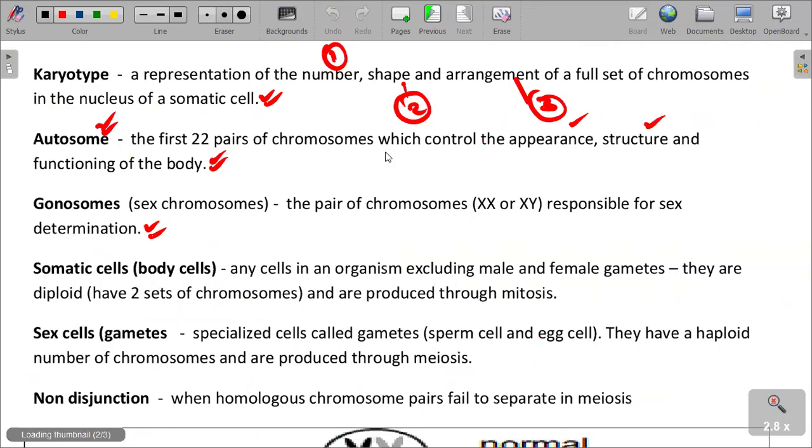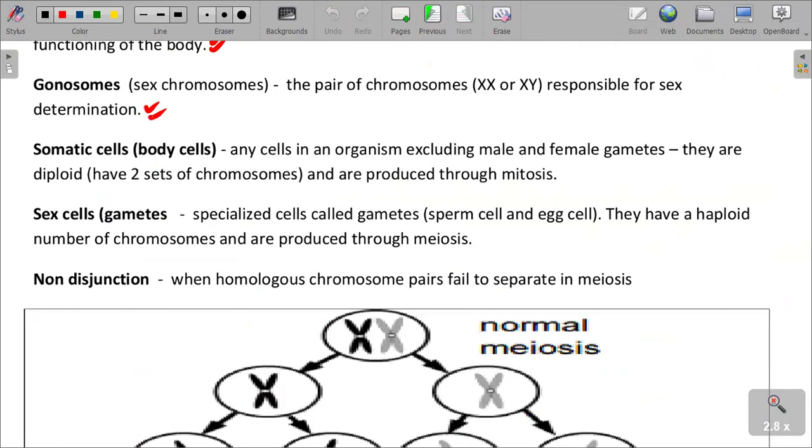And again, we now want to look at somatic cells. Somatic cells are also called body cells, which are any cells in an organism excluding the male and female gametes.